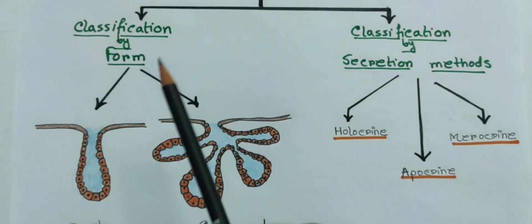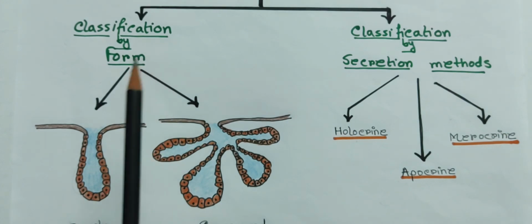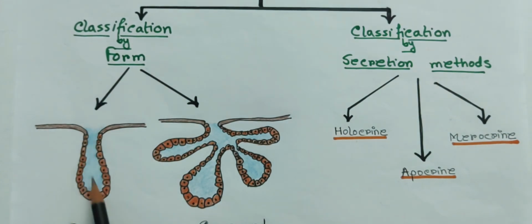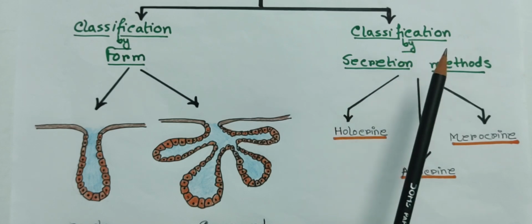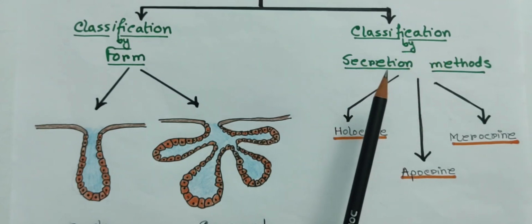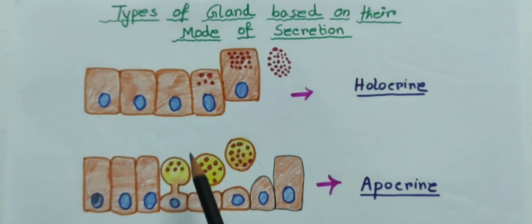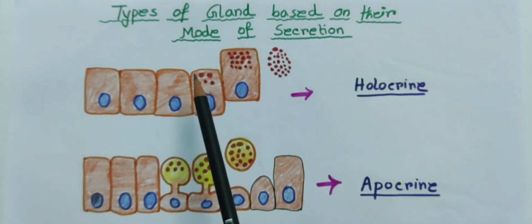I have discussed the classification of multicellular exocrine gland by form, simple and compound. Now I am going to the classification of multicellular exocrine gland by the mode of their secretion, the methods of their secretion. First is the holocrine gland.